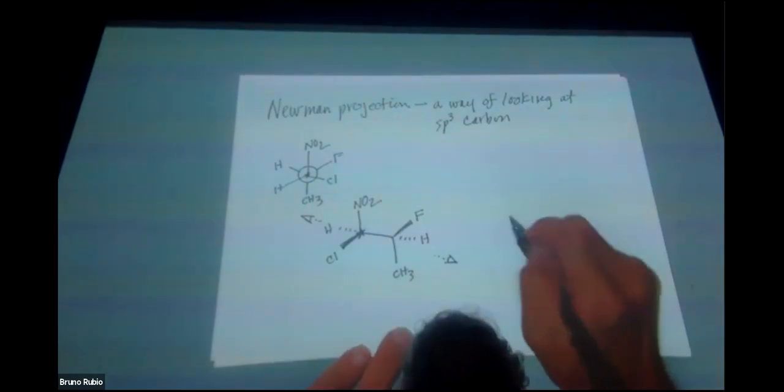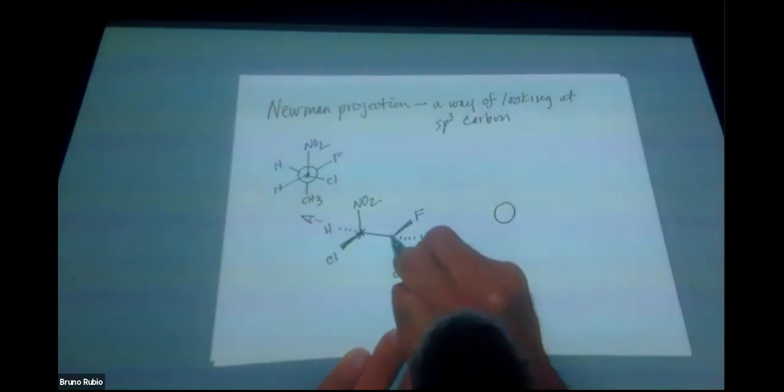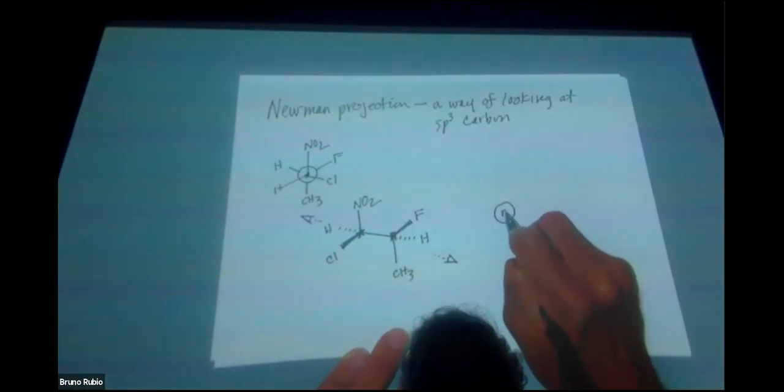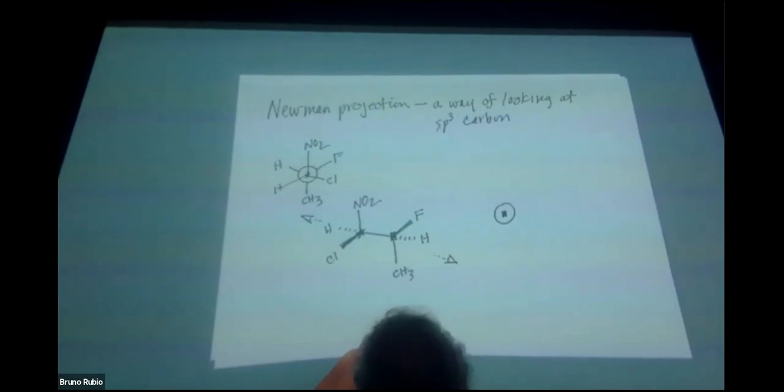From this vantage point, I see the carbon in the front. I'm going to put a little square on it. I can see it and everything bonded to it, except the carbon in the back, which is hidden by this disk.